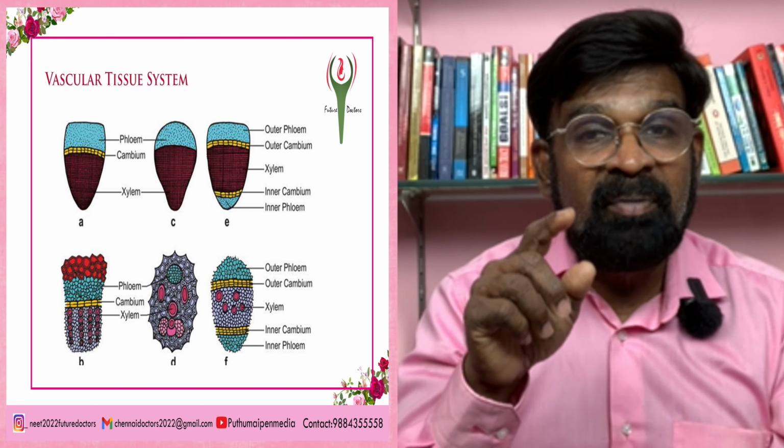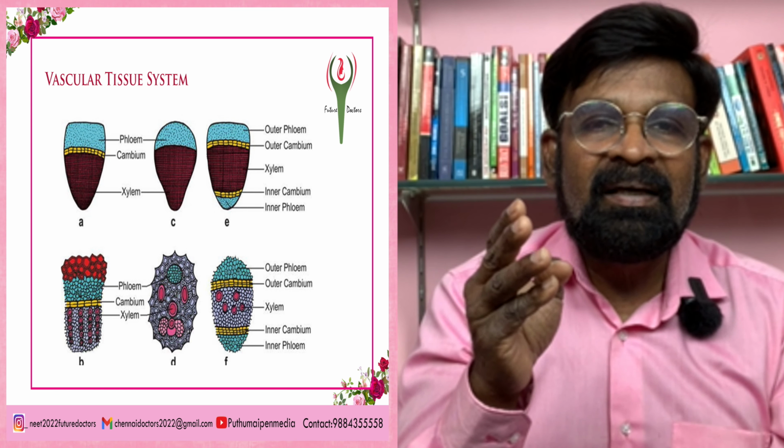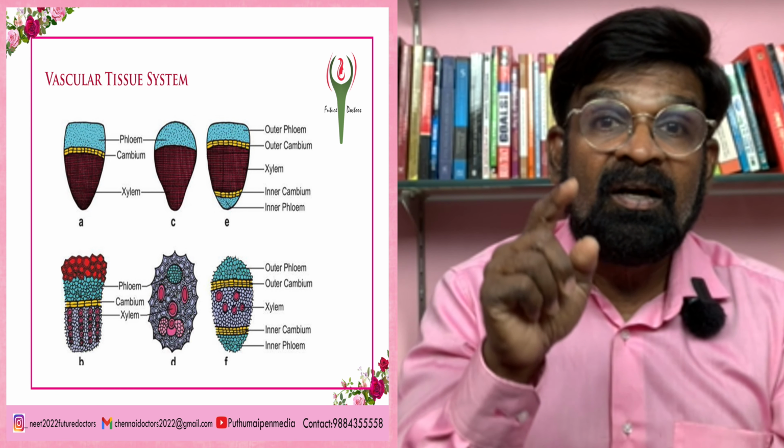Bicollateral. This is the conjoint vascular bundle with two groups or patches of phloem, one on each side of centrally located xylem. Concentric: a vascular bundle in which one tissue is completely surrounded by the other is called concentric.